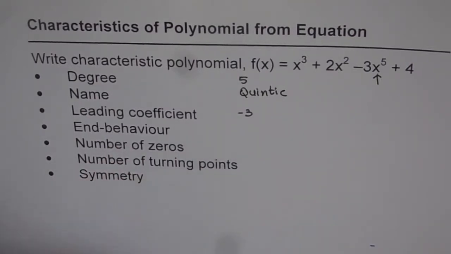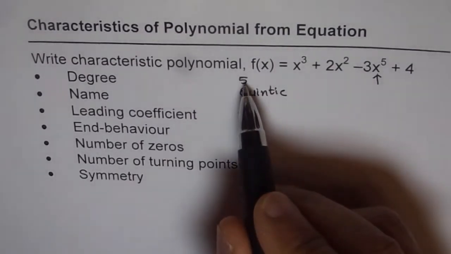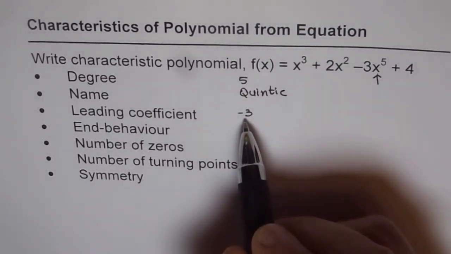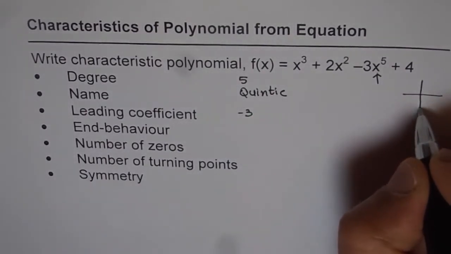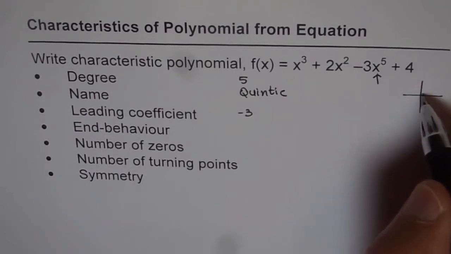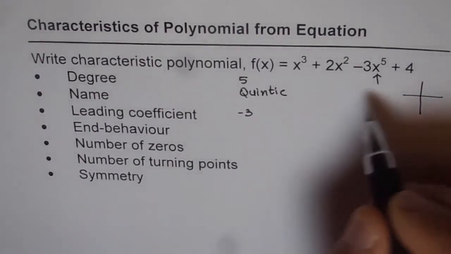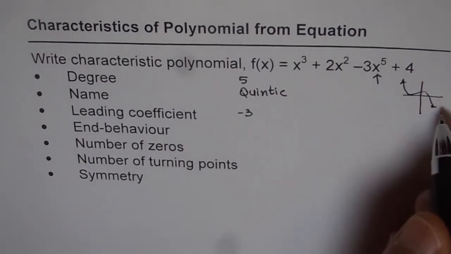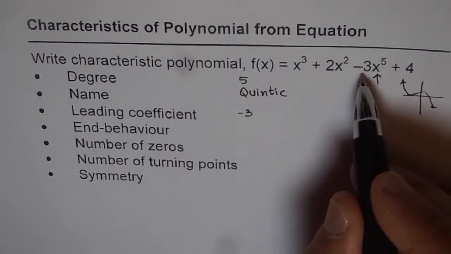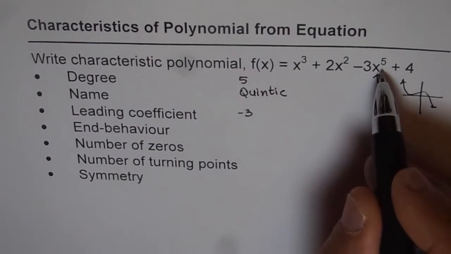End behavior. Now since the degree is 5 and the leading coefficient is minus 3, our graph will be actually going from, so make a rough sketch at this stage. So normally the graph is here, now it is reflected, right? So it's kind of going from here like this, right? So that is how the graph is going to be since the leading coefficient is negative and degree is odd.